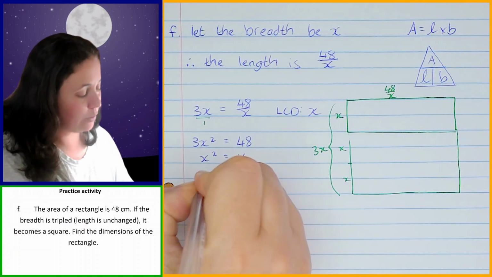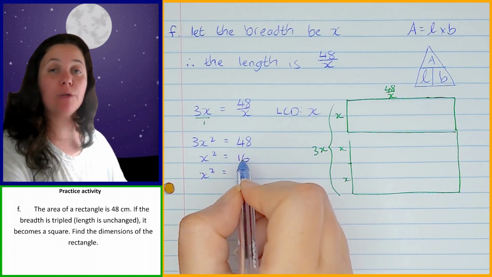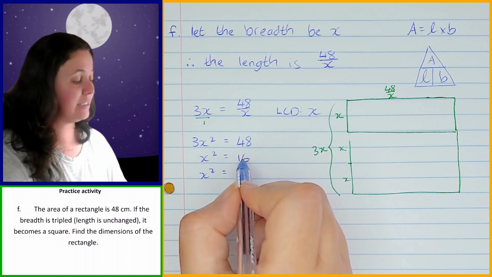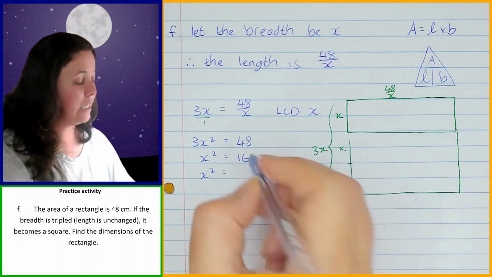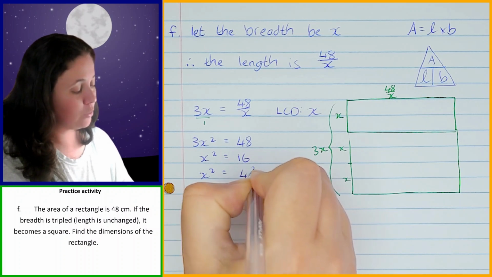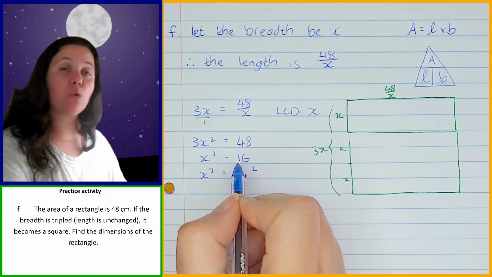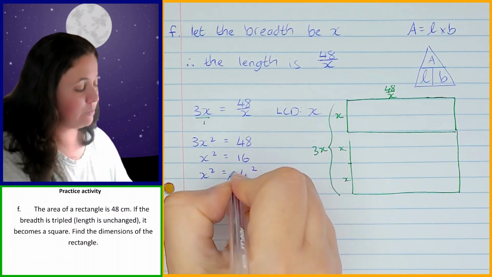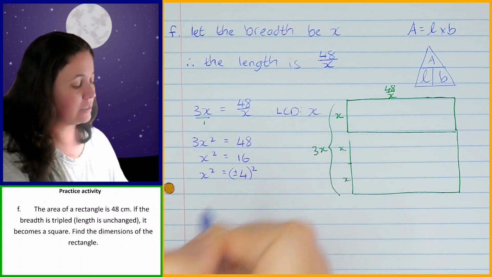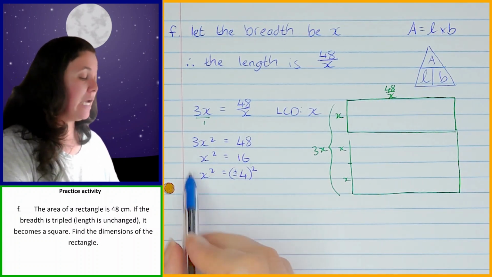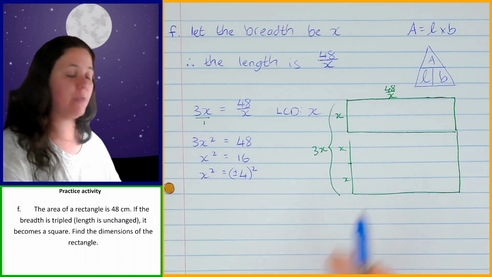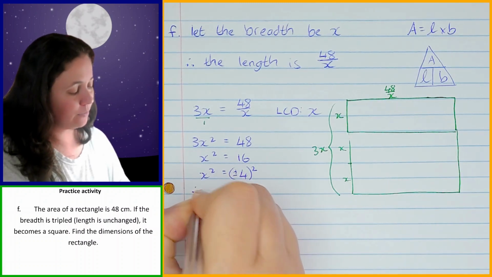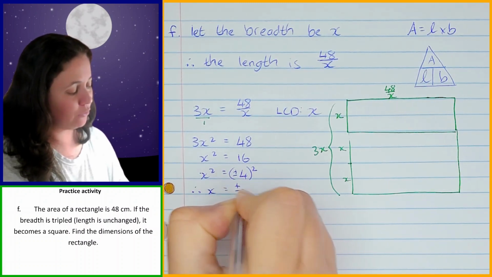So I can say x squared is equal to, I need to get a power with the same exponent on this side over here. So 16 is the same as 4 squared. But remember, I could square positive or negative 4. So it's going to be plus or minus 4 squared. Okay, now because I have the same exponents, I can drop them. So I can say, therefore, x is equal to positive or negative 4.